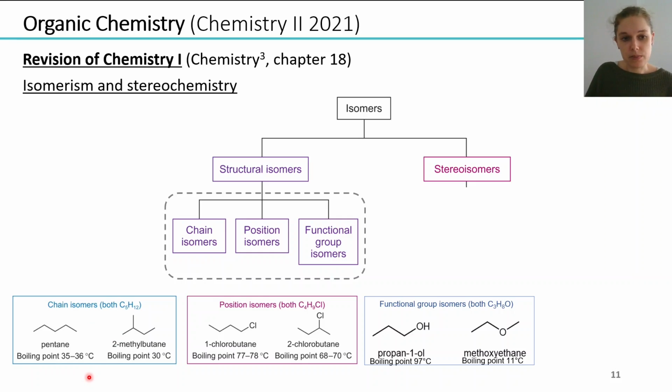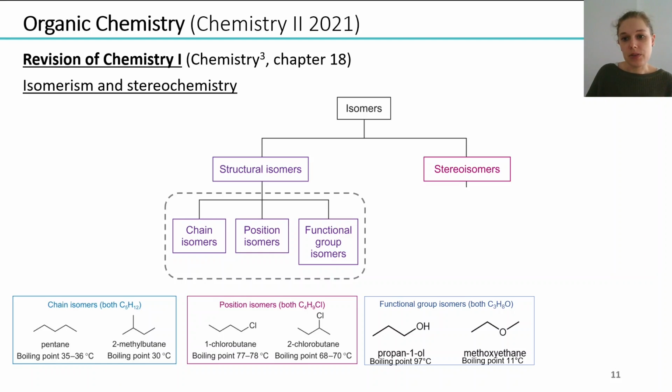But it is also possible that you draw a chain of only 4 carbon atoms, and then you have a methyl group on one of the carbon atoms. Then we talk about 2-methylbutane instead of pentane. This is the first example for a chain isomer. You can also see that these two molecules have different physical properties, for example, the boiling point.